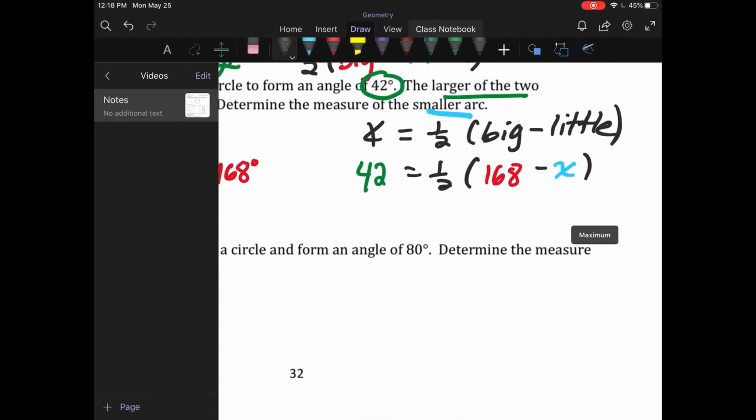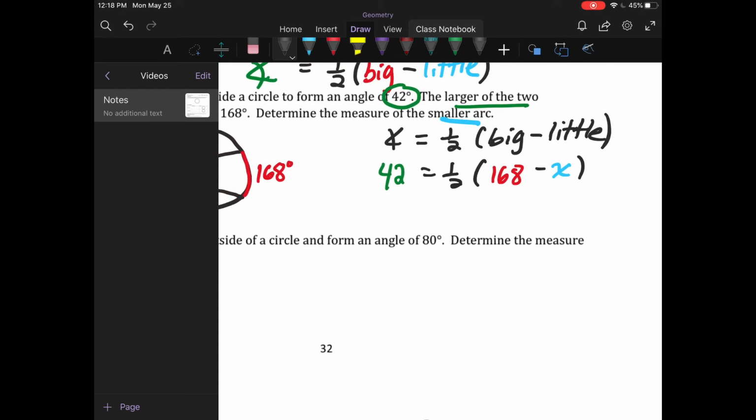There's lots of ways you can do that. The way I'm going to do it is I'm going to distribute this 1/2. So I'm going to have 42 equals half of 168, and then subtract x over 2. And half of 168 is going to be 84, so I'm just going to rewrite that as 84.